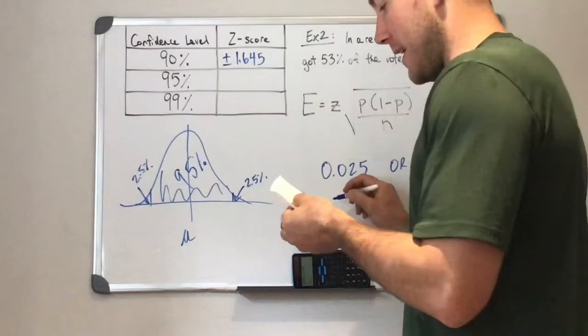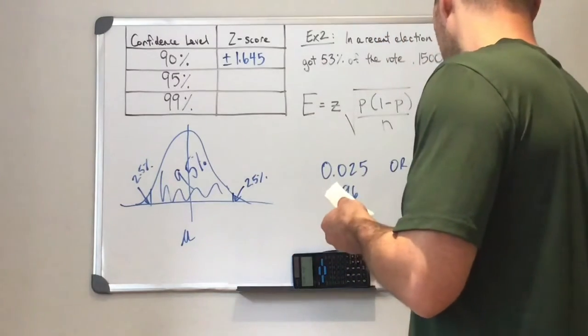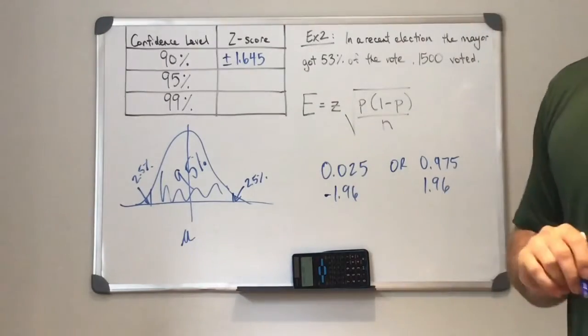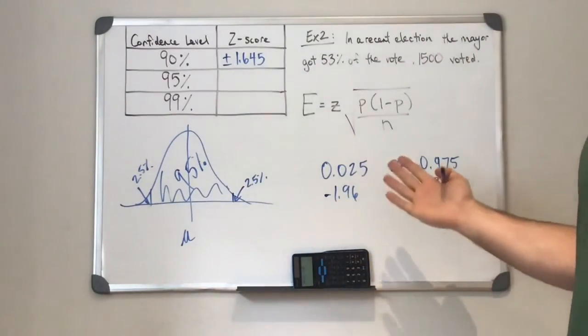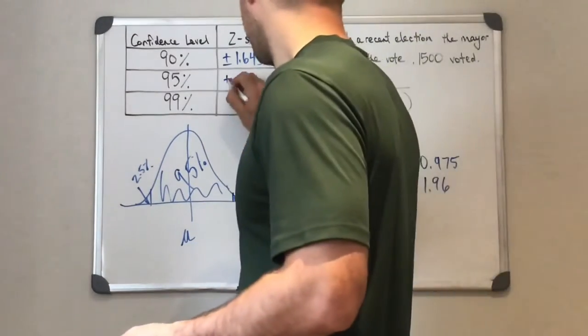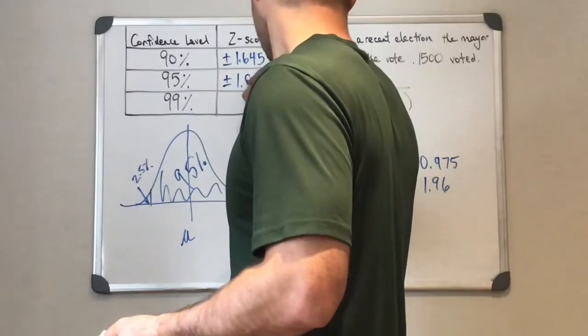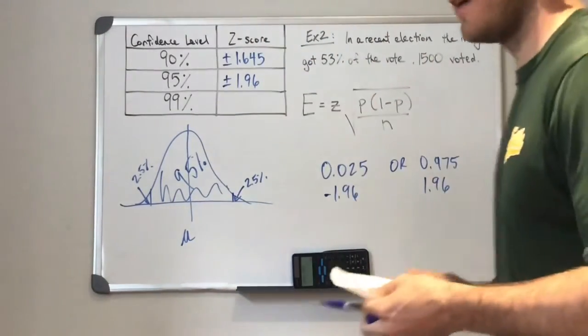So the negative side would be negative 1.96, and this would be 1.96. So these two kind of endpoints where 95% is going to be between them would be plus or minus 1.96. Okay, so the exact value was found there.